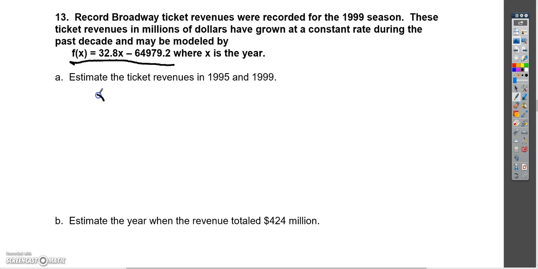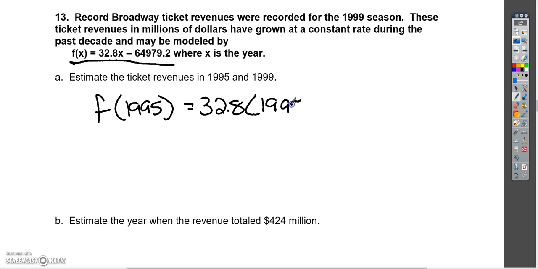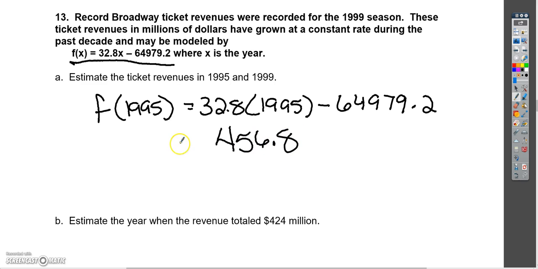So we are going to put in 1995. Do the math. I got 456.8.